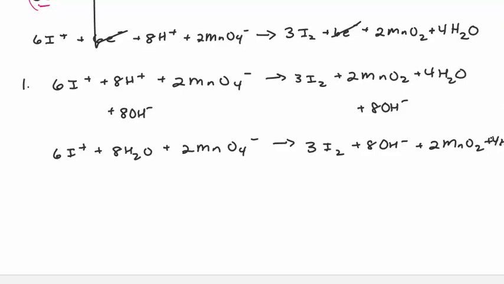Looks like I'm running out of room. So I have 4 water molecules on the product side that can cancel out with 4 of these water molecules. So balanced in a basic solution then would be this reaction.